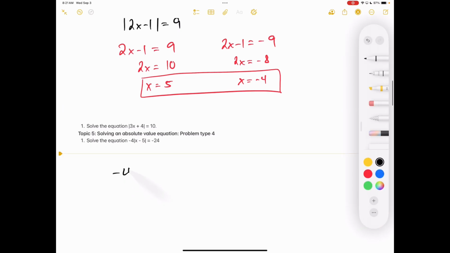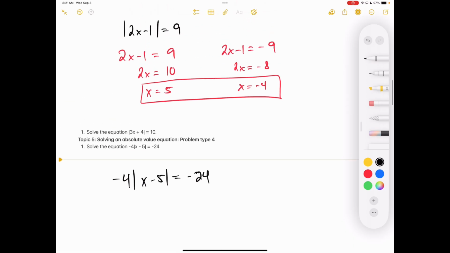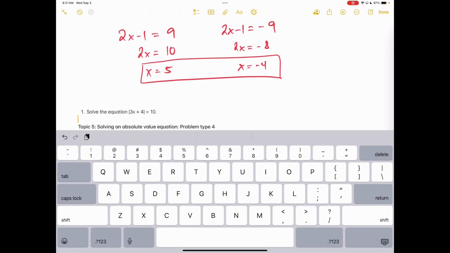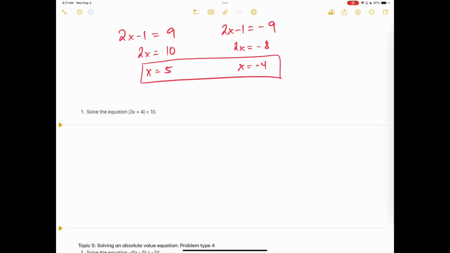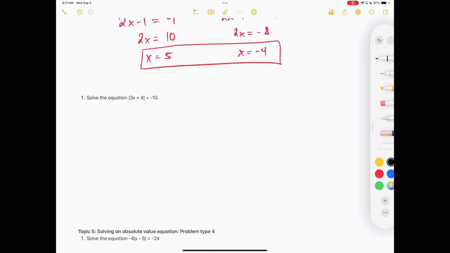All right, the next one. So I've said this a couple times. Wait, before I go to that, I do want to do something real quick here. Just an odd one out.